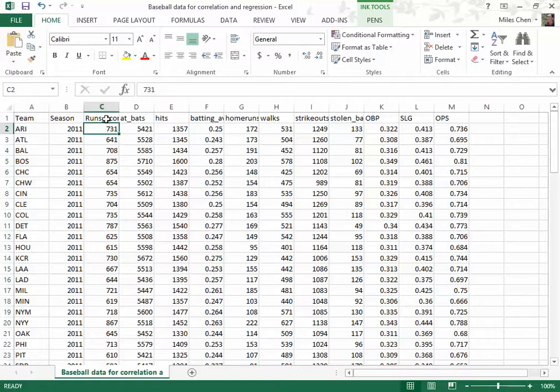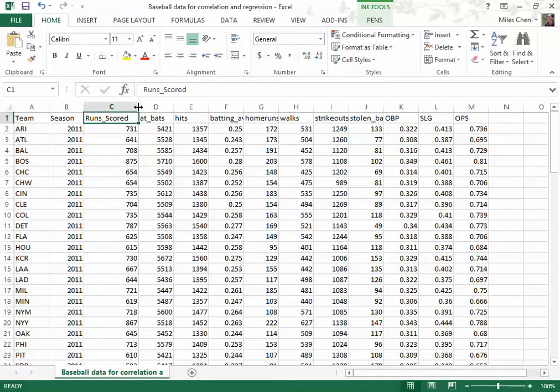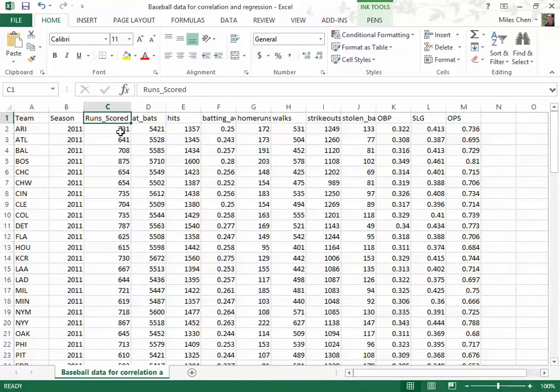So we can look at runs scored, which is a measure of how many points a baseball team scored. What this line says is that the Arizona Diamondbacks, if you care, scored 731 points over the course of the 2011 season. There are 162 games in a season, and they scored a total of 731 points.